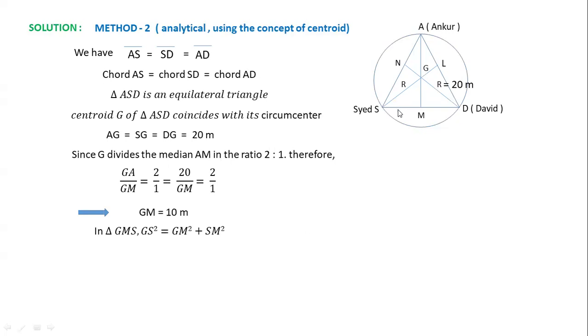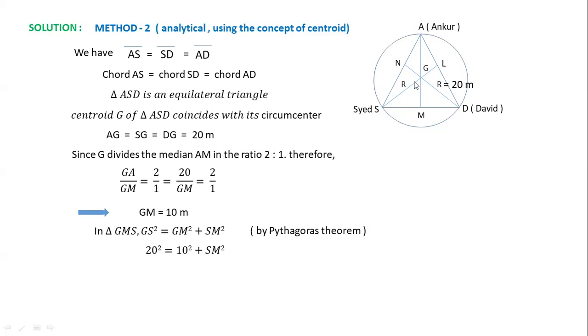So now we take triangle GMS, this particular small triangle, and we use Pythagoras theorem here. So in this triangle, this is the hypotenuse. So you know hypotenuse square is equal to this square plus this. So GS square is equal to GM square plus SM square.